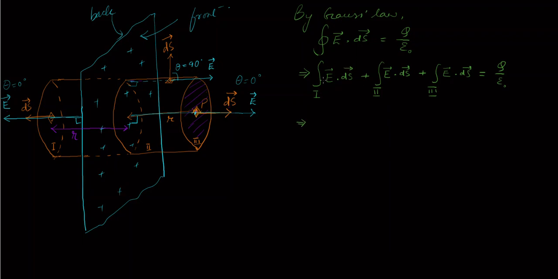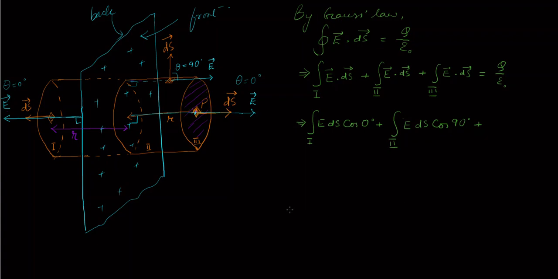What do we do next? We apply the A dot B formula. In region 1, you have E ds cos of the angle between E and ds in region 1. Look, what is the angle? 0 degree. Plus here also, region 2, E ds cos of the angle between E and ds in region 2, how much? 90 degree.